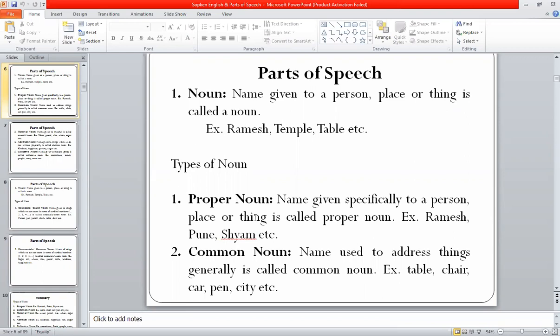So they have not specifically told us about these cities with a proper noun, and that's why it comes under the common noun. So city is the common noun, but if we say Mumbai city, then it is known as a proper noun.